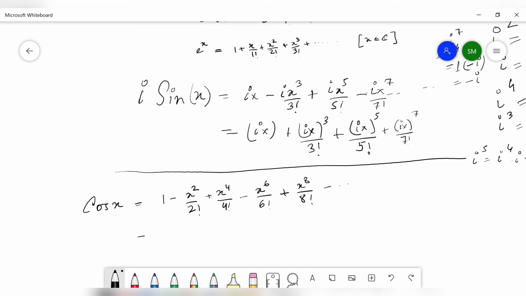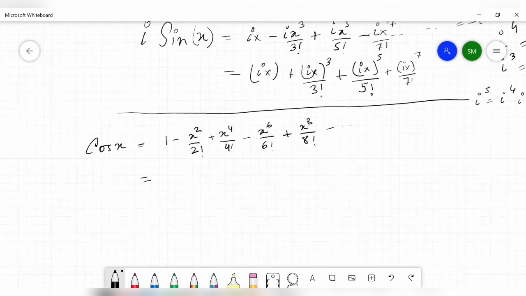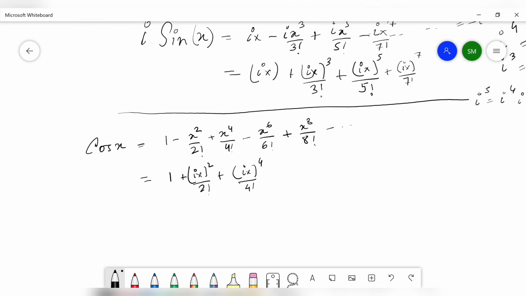And now I can also write it like this: 1 plus (ix) whole squared divided by 2 factorial. Why? Because i squared is again minus 1, so it will be i squared x squared, meaning minus x squared. Then again I can write (ix) to the power 4 divided by 4 factorial.